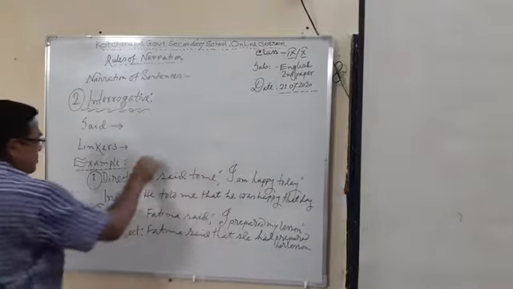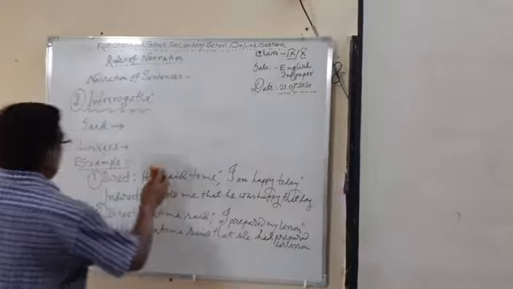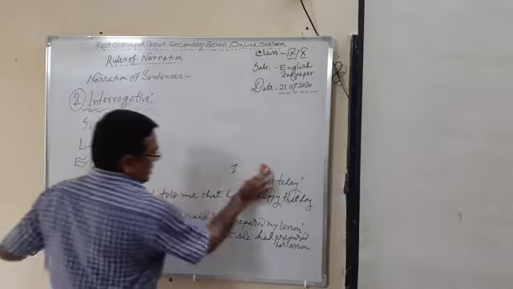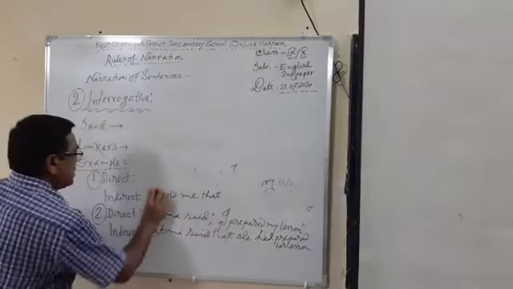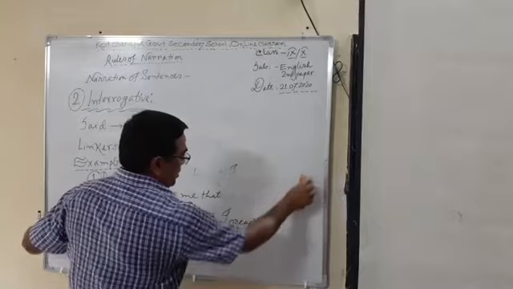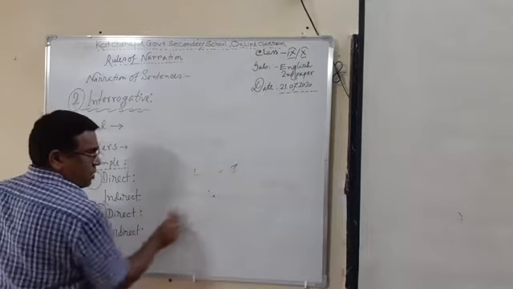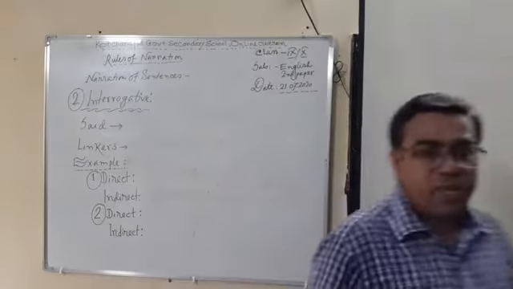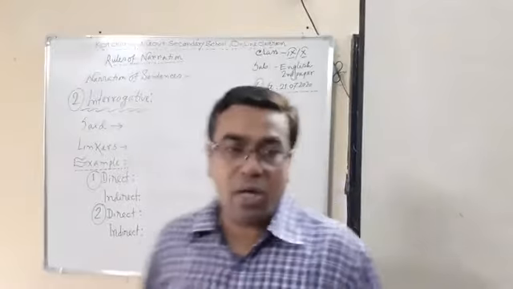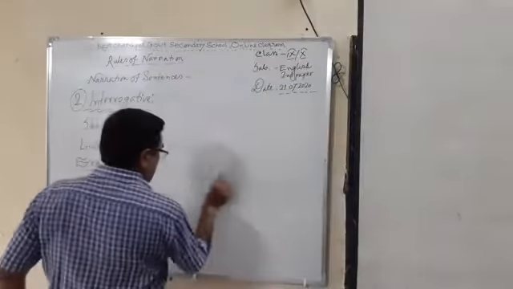An interrogative sentence normally begins with an auxiliary verb or a WH word.